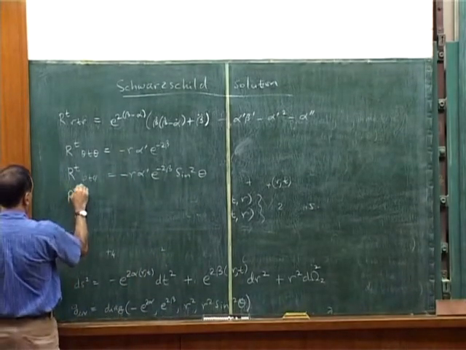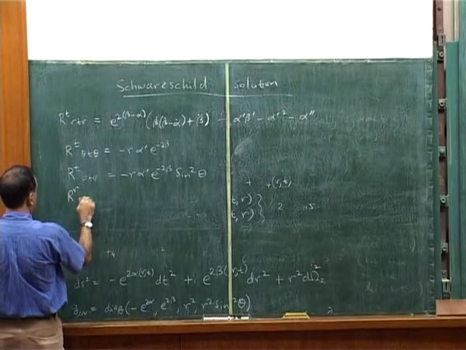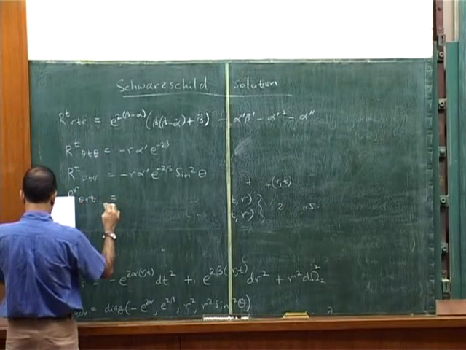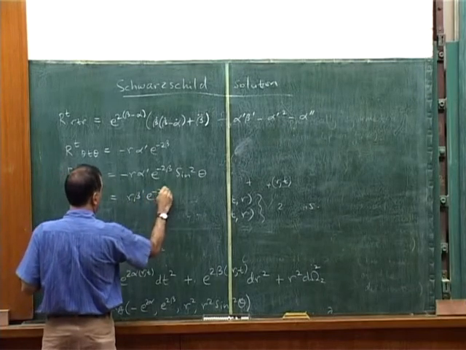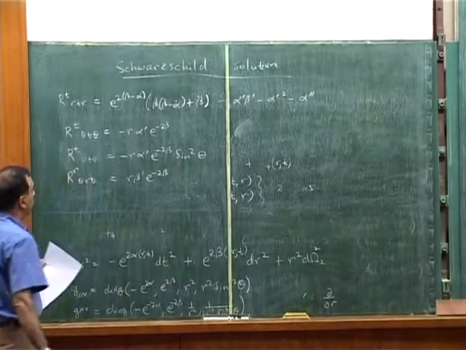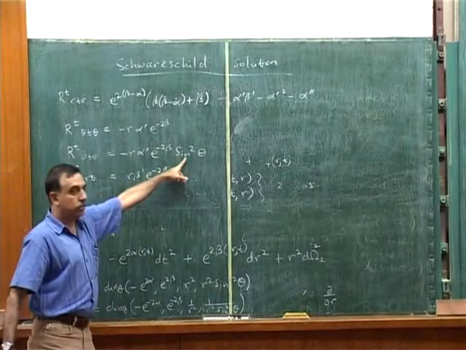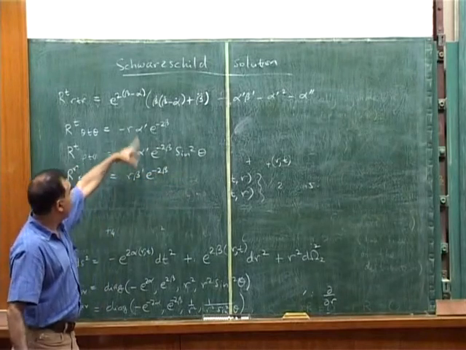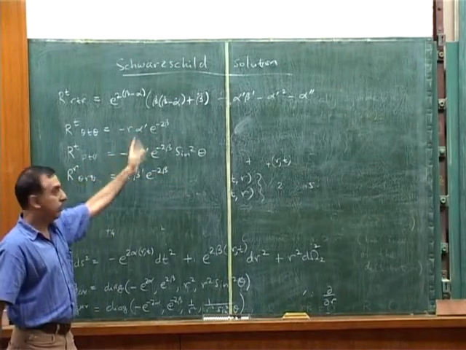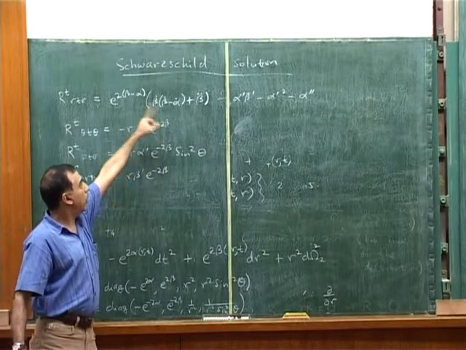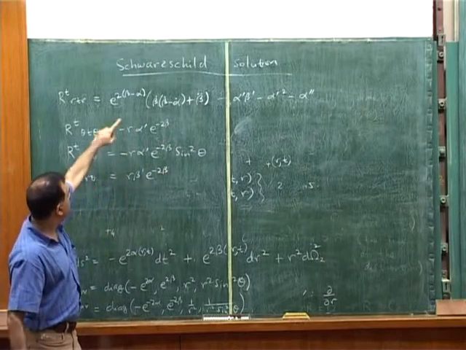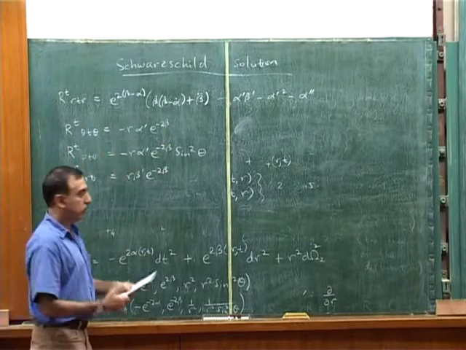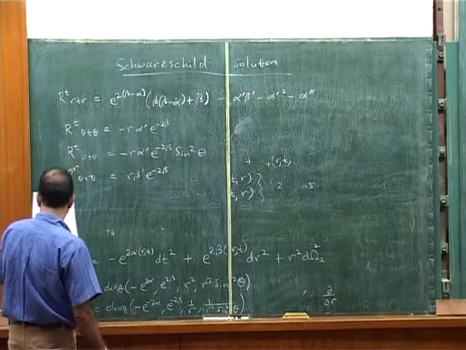Then there's r theta, r theta. This is roughly, you begin to see the pattern. They involve some powers of r and sine squared theta, and some alpha primes or alpha dots, beta primes, beta dots, and some exponential factors which will always be of the form e to the minus 2 beta or e to the minus 2 alpha or some combination of those. Good.